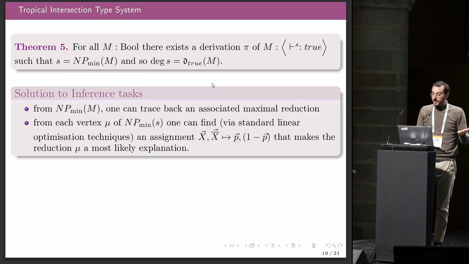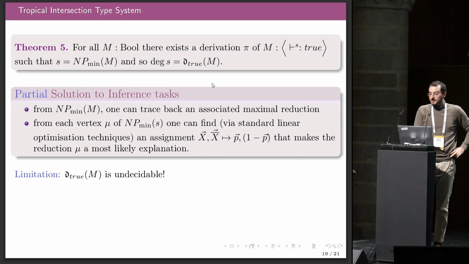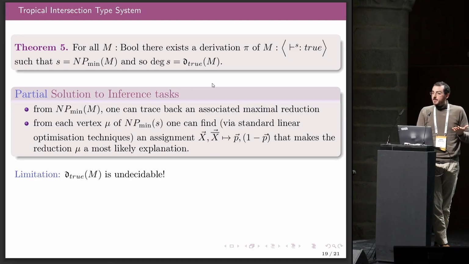Okay, so we are happy, but of course there's a problem here, which is that the problem of finding the tropical degree is undecidable, right? So we cannot construct this. But that's not the end of the story, even if it's very quickly the end of my talk.